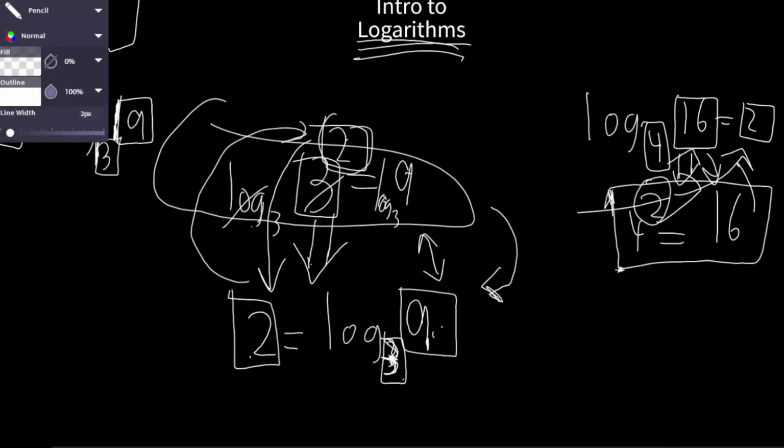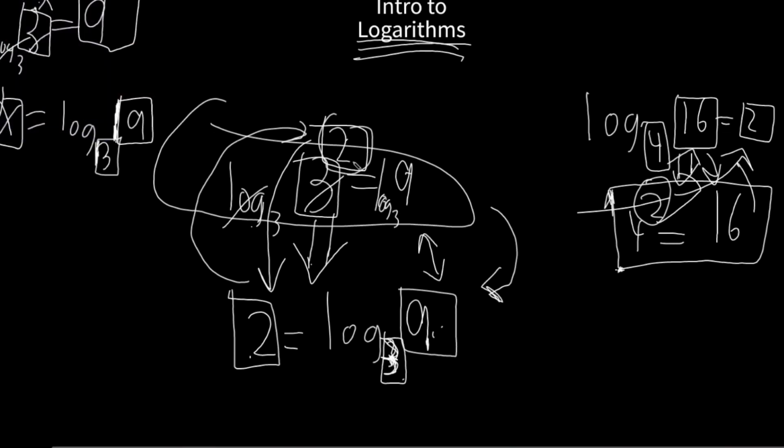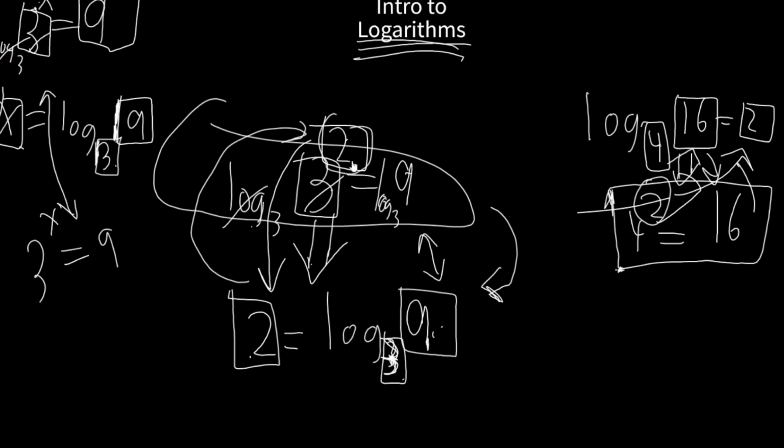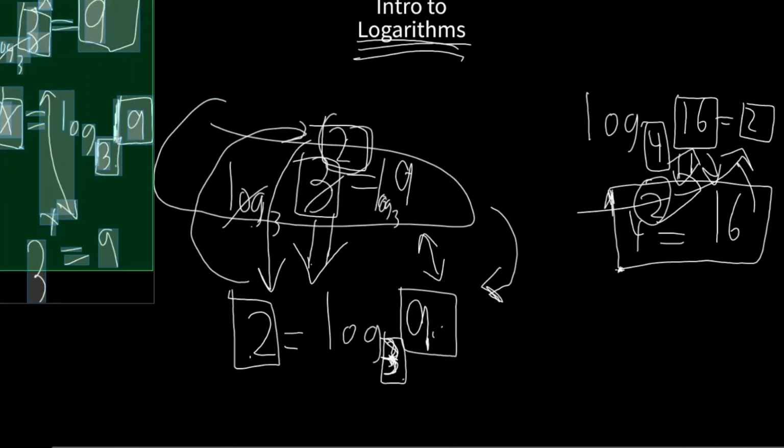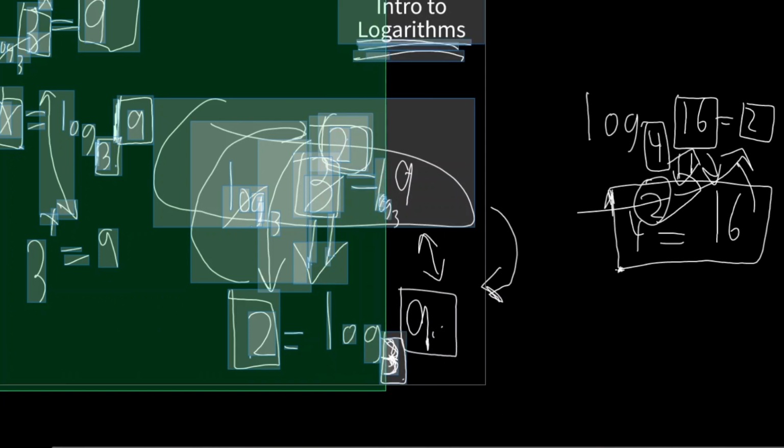Because in the beginning, we introduced our logarithm as the base being raised to what power is equal to 9. So the base raised to what power is equal to 9 will be the answer to our logarithm. And if you look here and here, these are the same statement. So hopefully that makes sense and it wasn't too confusing. We're going to end off this introduction by looking at how to evaluate logarithms.